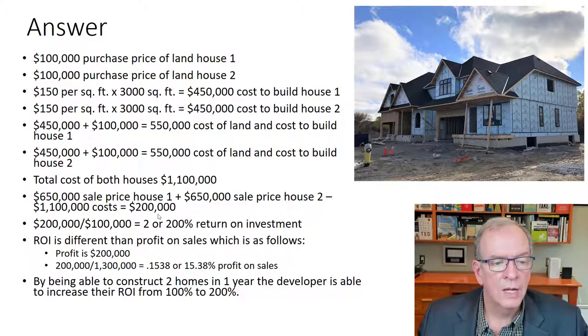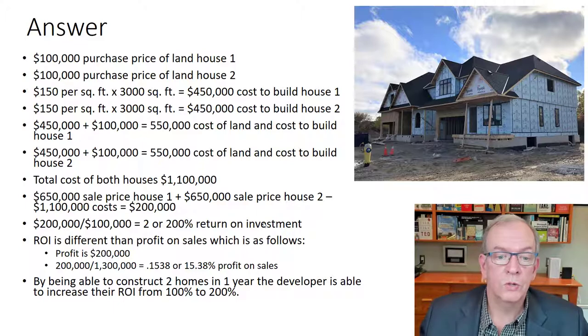So that gives us 200,000 of what it costs. So that's looking at a $200,000 profit on 1,100,000 on the 1,300,000 in sales. And so if we want to look at our return on investment, we take our 200,000 and divide it by our initial investment, which is the 100,000, which gives us 200% return on investment.